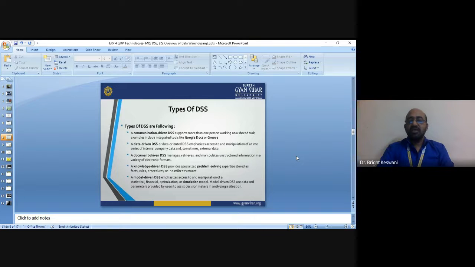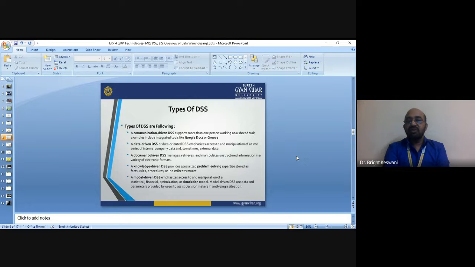In a nutshell, we can say that there are several types of DSSs. First is a communication driven DSS, which supports more than one person working on a shared task, for example, integrated tools like Google Docs or Groove. The second type is a data driven DSS or data oriented DSS, which emphasizes access to and manipulation of a time series of internal company data and sometimes external data.